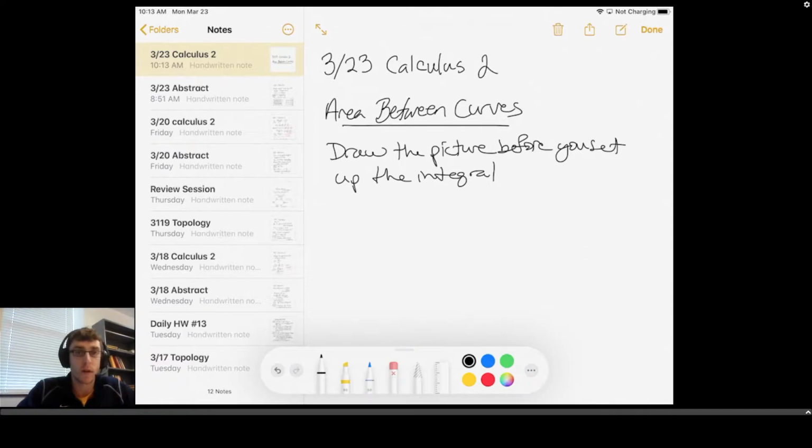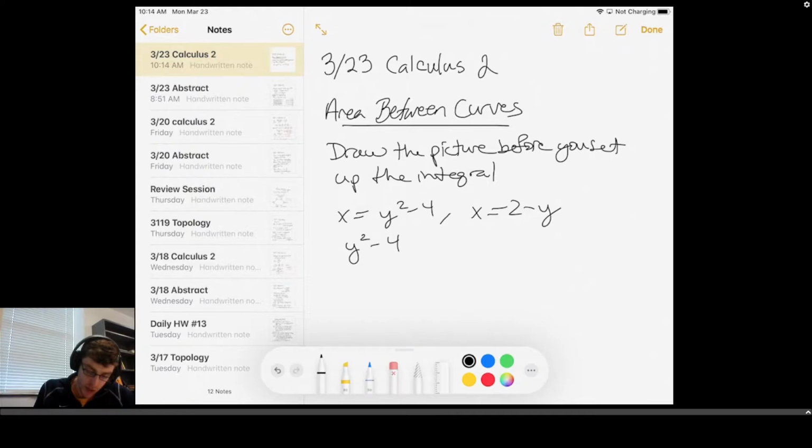Right, so with this one, we had x equals y squared minus 4, and x equals 2 minus y. If you just do, right, you could probably just draw these straight away, but if you want to find the intersection points, these aren't too bad, but I think finding the intersection points first is fine.